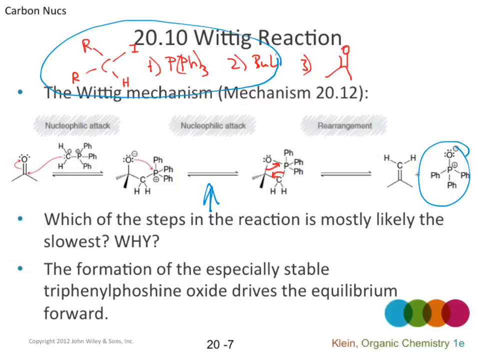If we didn't have a carbonyl, we don't have an electron-rich oxygen to help stabilize that phosphorus. We don't get the phosphorus oxide. We don't continue to see the pushing towards our products. So it is a reagent that is primarily driven for your carbonyl chemistry, because you really need that phosphorus oxide to help with that equilibrium.